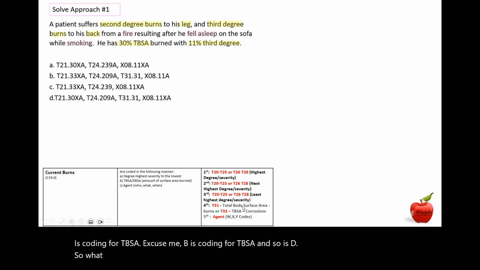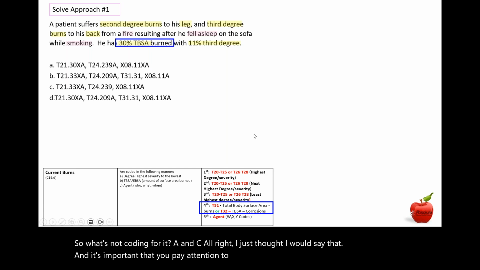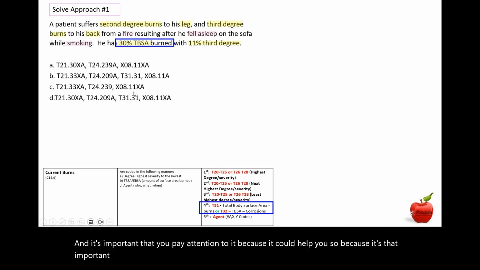So what's not coding for it? A and C. All right, I just thought I would say that. It's important that you pay attention to it because it could help you. Because it's that important, let's deal with this 30% TBSA burned.